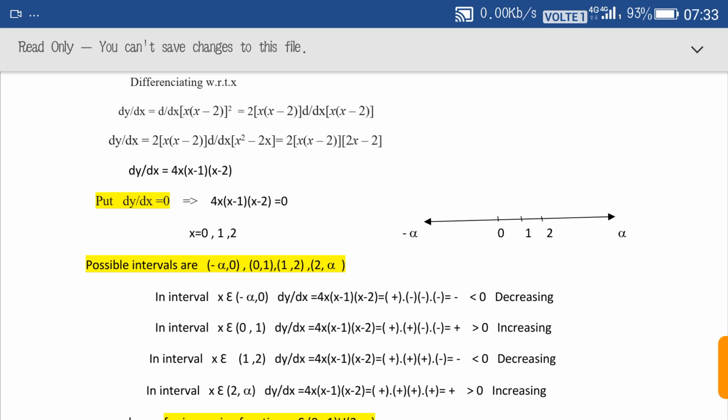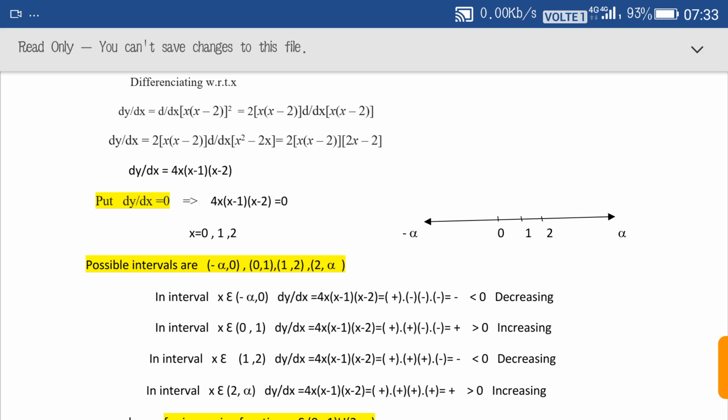So take x belonging to minus infinity to 0, which means we are taking values less than 0.